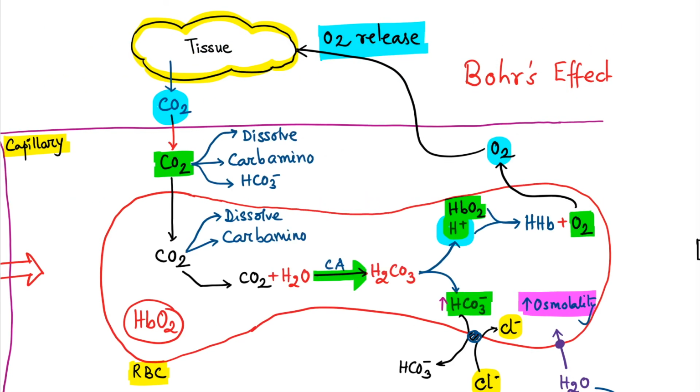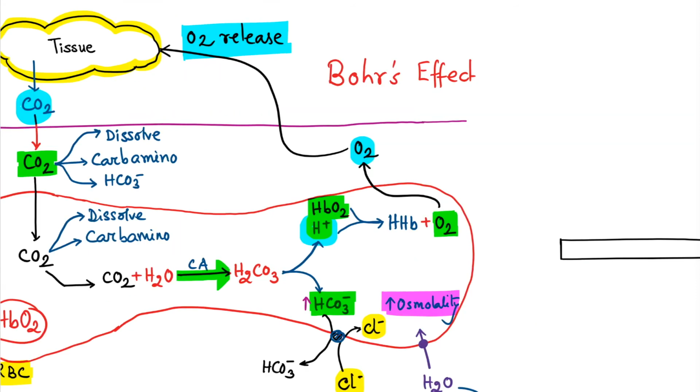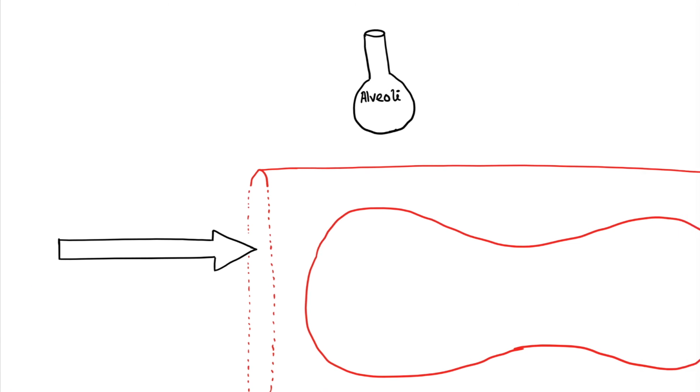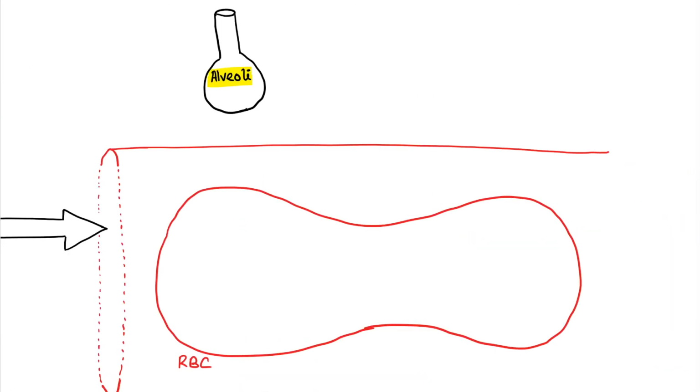Now we have to understand what happens to this venous blood when it reaches the level of the lungs, right? We know at the level of alveoli, the oxygen tension is very high.